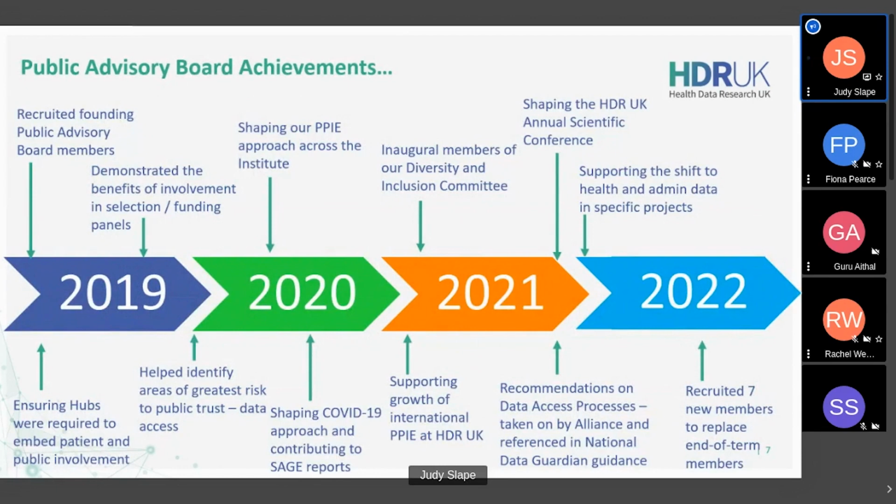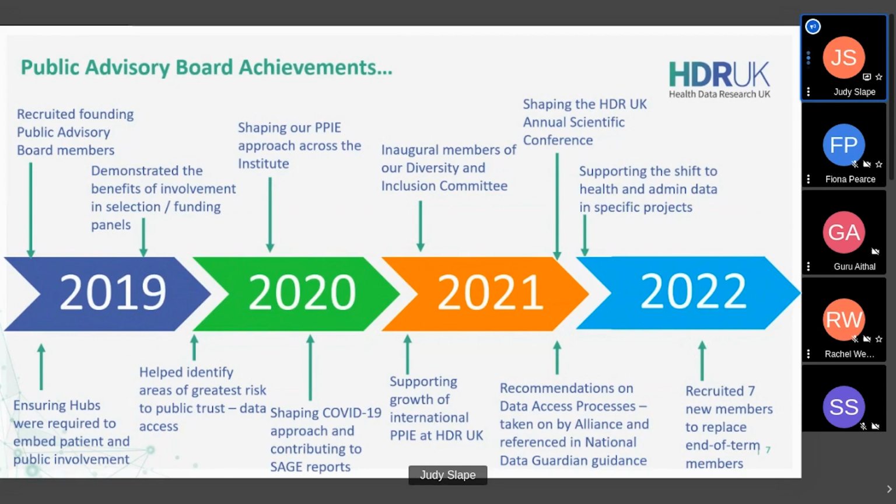This slide gives some examples of some of the Public Advisory Board achievements. In 2019, we recruited the founding Public Advisory Board members. Since then, they've done a heap of work in helping to shape our work. Some examples are that they helped identify areas of greatest risk to public trust and data access.